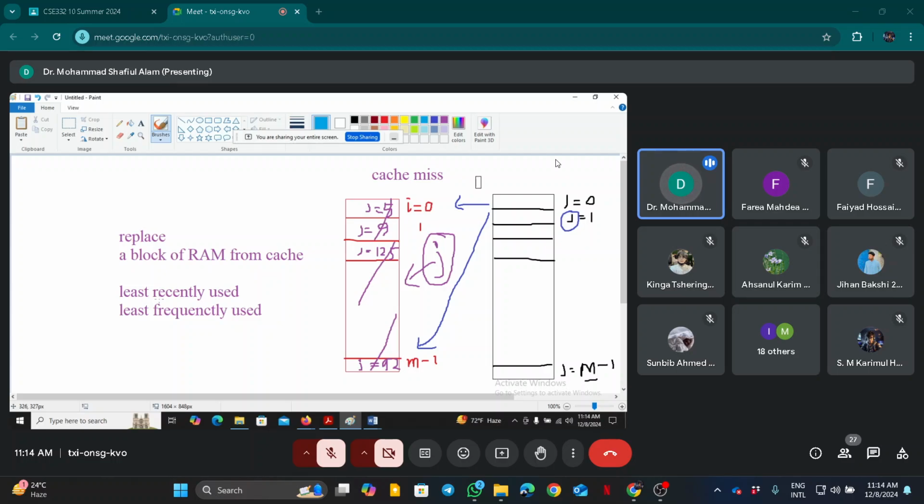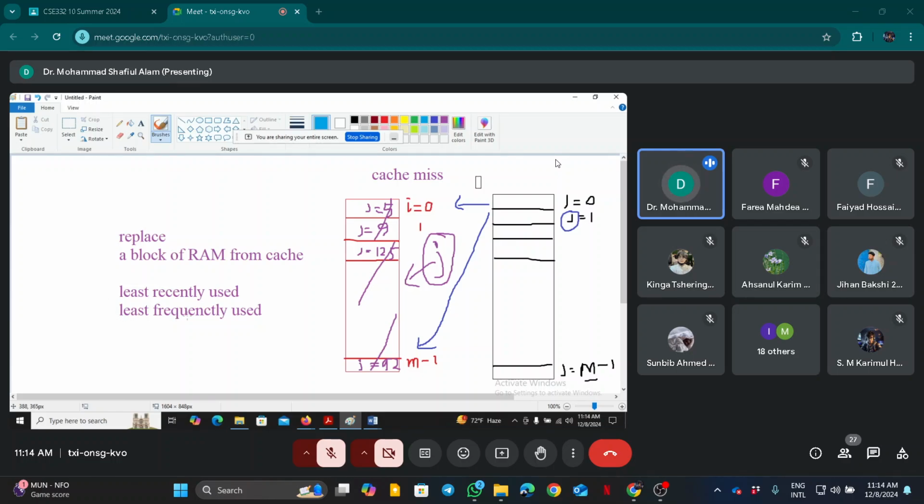In case of least recently used, we need to keep an account of which blocks are recently used and which one is not being used. So which one would be replaced?